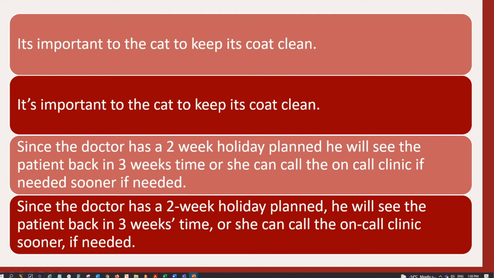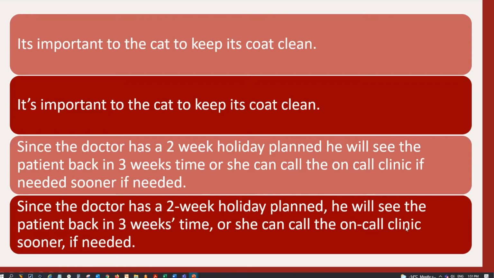And then or, I could see this in a couple of ways. You could see this as a list of things, or, but I'm seeing this as or being a conjunction because it's joining two complete sentences. She can call the on-call clinic sooner. So I would put a comma before or. On-call clinic, on-call is modifying clinic. You wouldn't have an on clinic and a call clinic doesn't make sense.